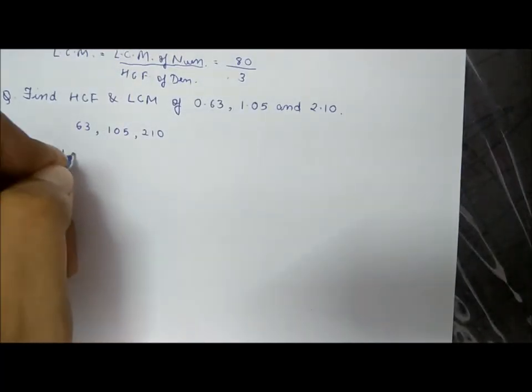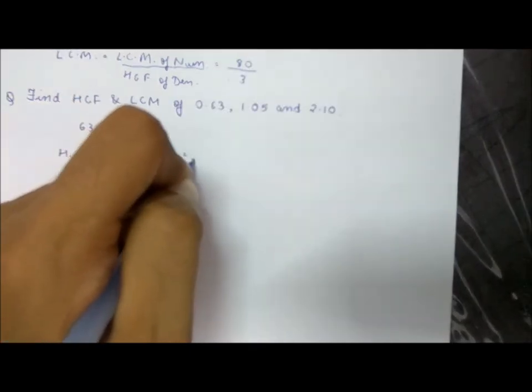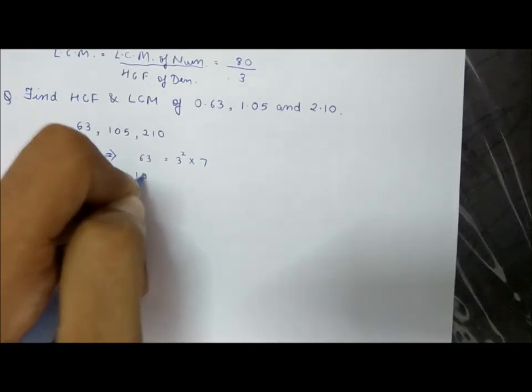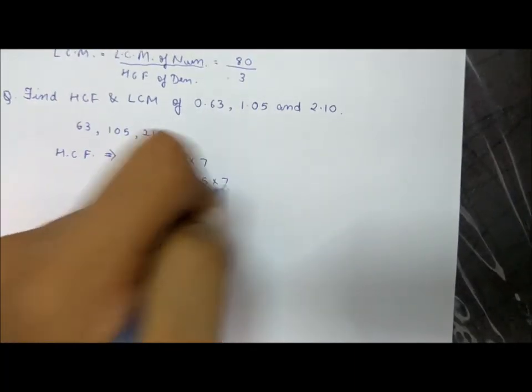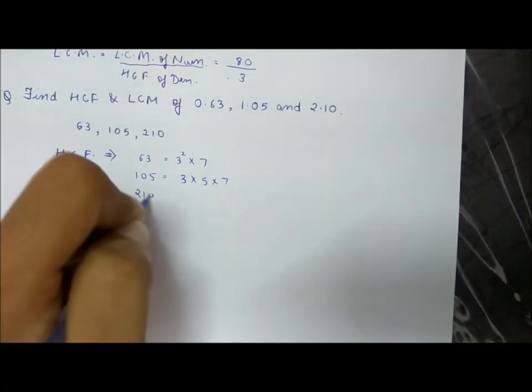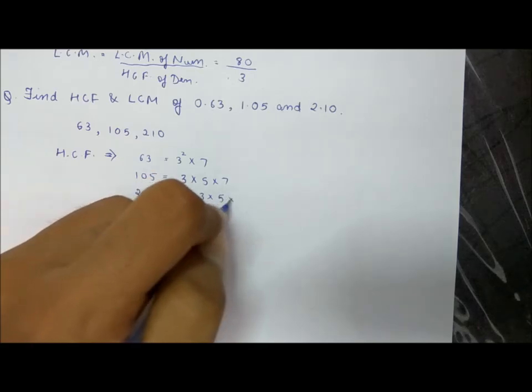Hence the HCF is separately determined. Firstly, the factors of 63 are 3 to the power 2 cross 7. 105's factors are 3 cross 5 cross 7. And for 210, the factors are 2 cross 3 cross 5 cross 7.